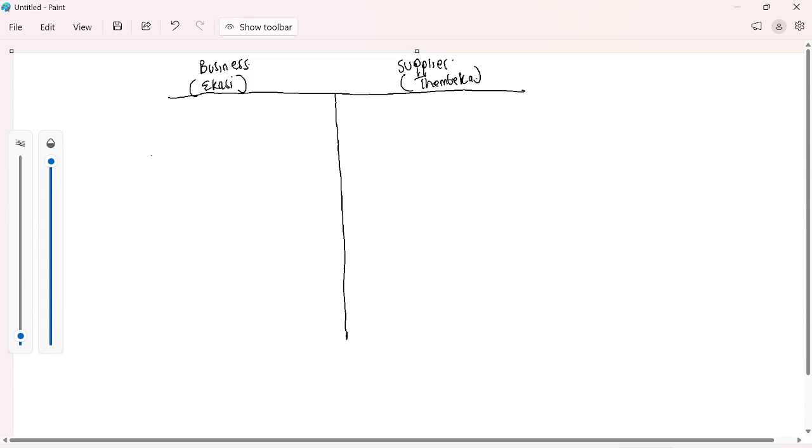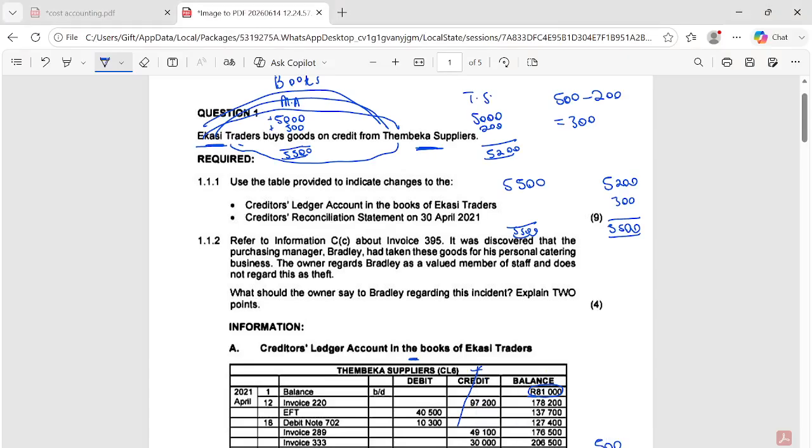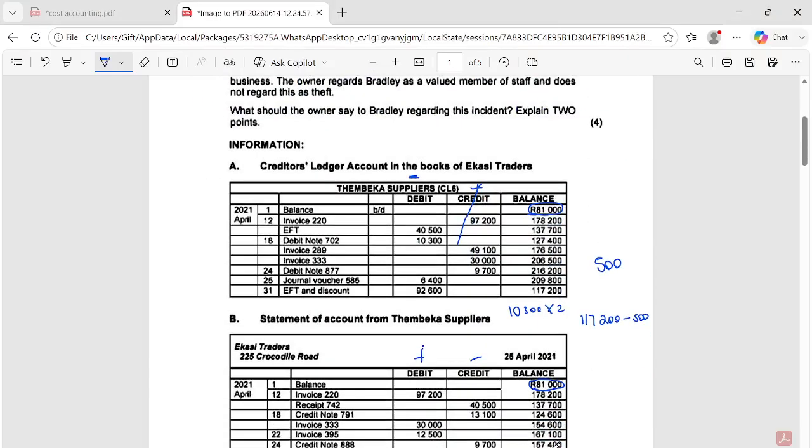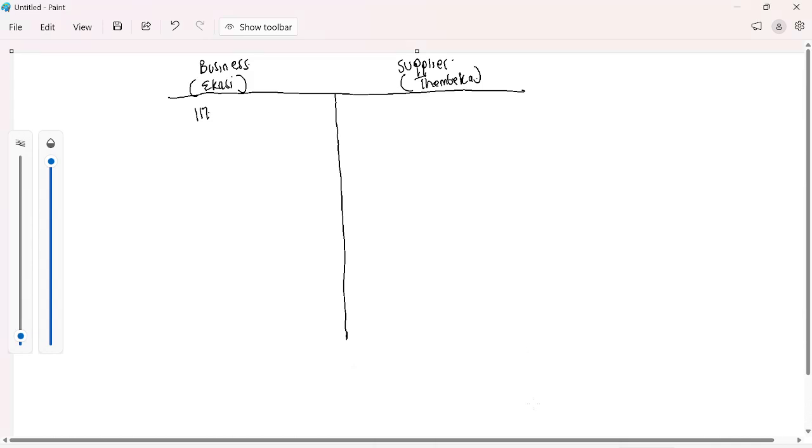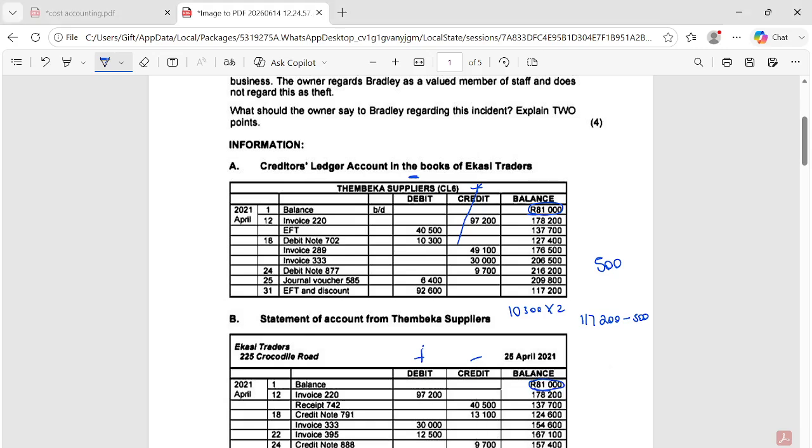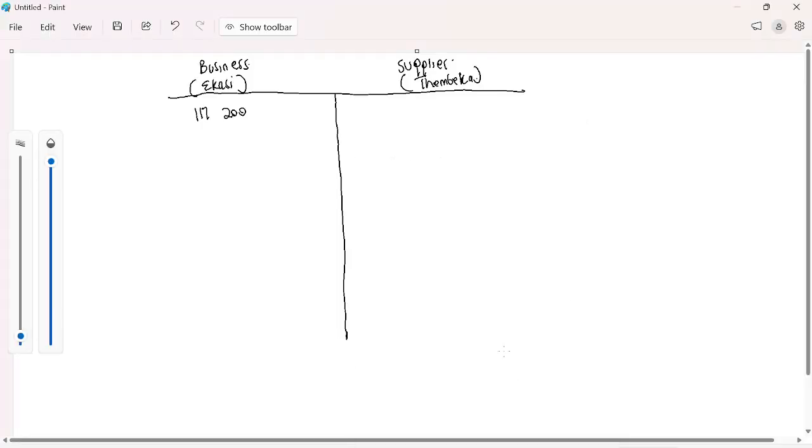Are you fine? We claim that we owe them 117,200. And what about these ones? We claim that we owe them how much? 157,400. Right? Now let's go see what happened.